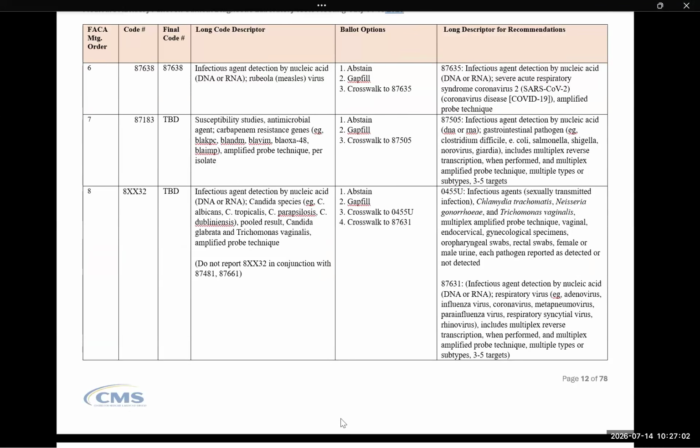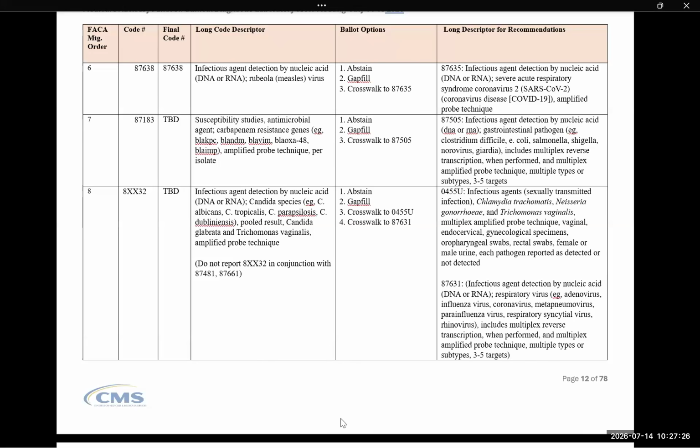So looking at 87638, this is a new code for PCR for rubella, the measles virus. We did not have a sponsor recommendation. However, both ACLA and ASM recommended a crosswalk to 87635, which is for the SARS-CoV PCR assay.